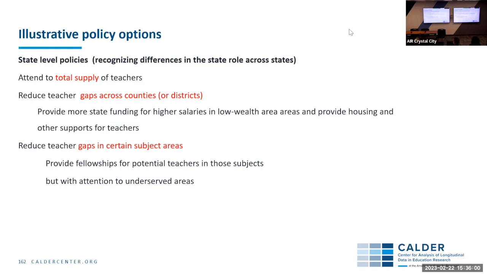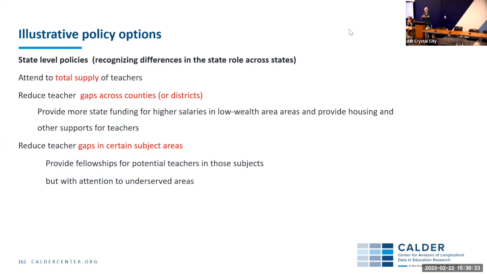We know if there's a shortage of teachers, the burden of that is often going to show up for the students in the schools where there are lots of either Black or Hispanic students. Other actions here, we need to reduce teacher gaps across districts.